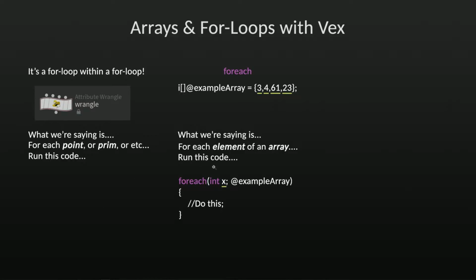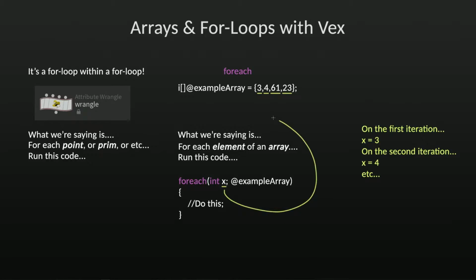So the main mysterious part of this that might look unfamiliar is when we declare some sort of variable within this for each statement. And what's happening here is that on the first iteration of this loop, x will equal our first entry. So it'll equal 3.